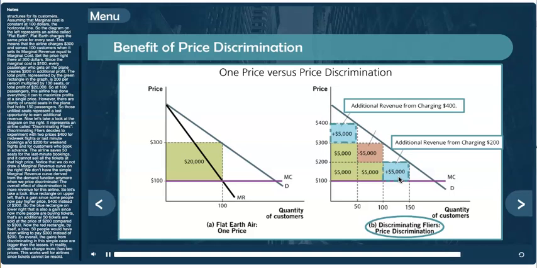Now the red rectangle by itself is a loss: 50 people would have been willing to pay $300 instead of $200. So overall, the gains from discriminating in this very simple case are bigger than the losses. In reality, airlines often charge more than two prices, so this works well for airlines since tickets cannot be resold.